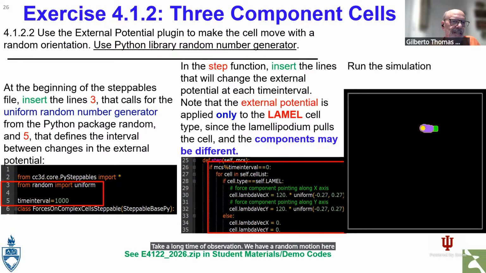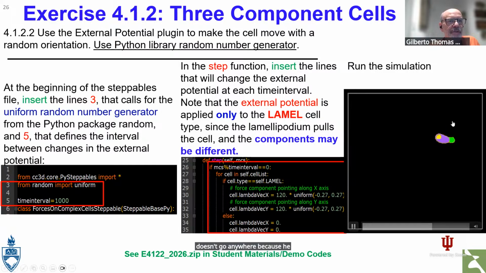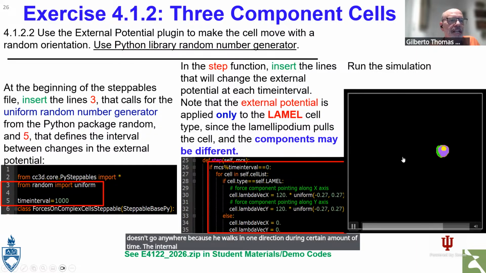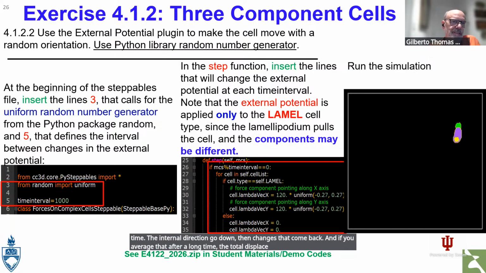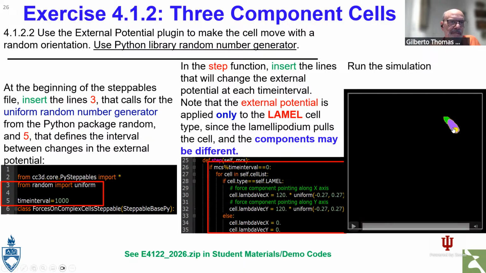The cell doesn't go anywhere because it walks in one direction during a certain amount of time, then turns direction, goes there, then changes, comes back. If you average that after a long time, the total displacement should be 0. But at small time intervals, it has a preferential movement. Okay?